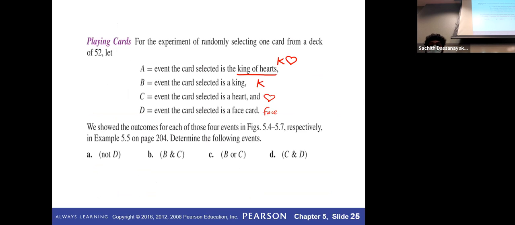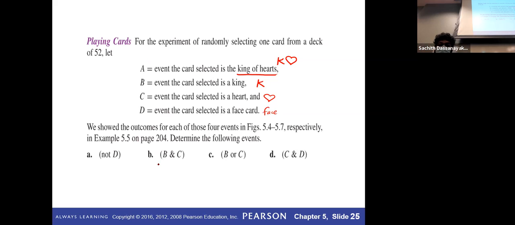B and C. B means king, C means heart. So B and C means K and hearts, and there is only one occurrence. Is this correct? The event is that the card selected is the king of hearts, it is just K hearts, right? So B and C, which means it should be the king of hearts.